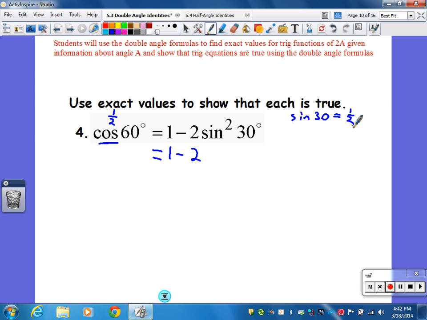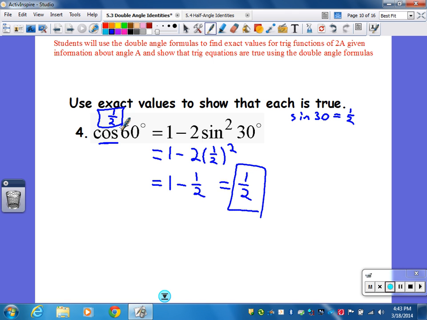So 1 minus 2 times 1/2 squared. 1/2 squared is 1/4, and 2 times 1/4 is 1/2. So 1 minus 1/2 is equal to 1/2, which is what we want. The same thing there and there.